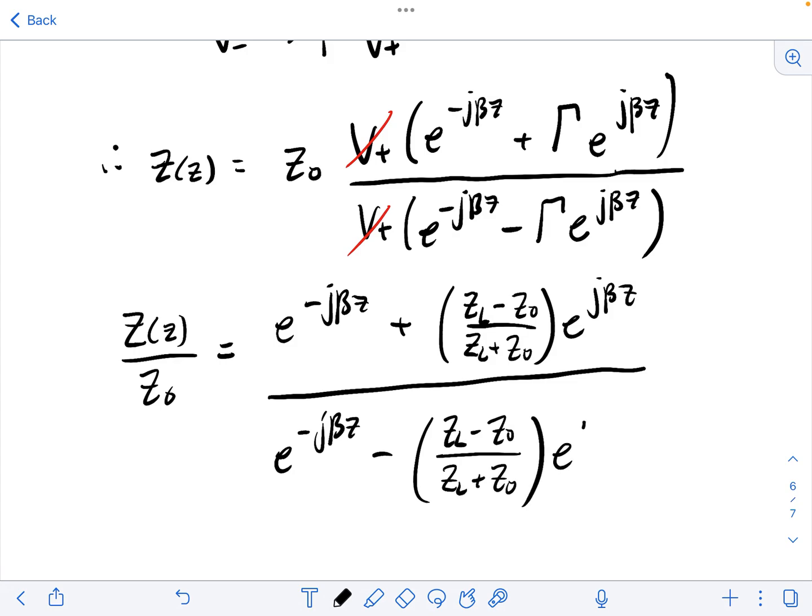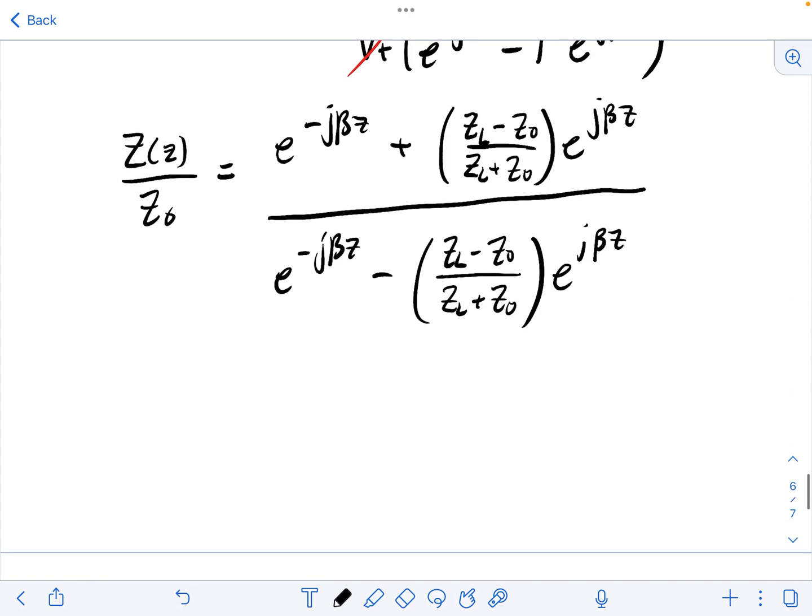Okay, so we're just now going to try to clean this up a little bit. So let's multiply the top and bottom by ZL plus Z naught. We're just going to try to get rid of the fraction that exists currently in the numerator and the denominator.